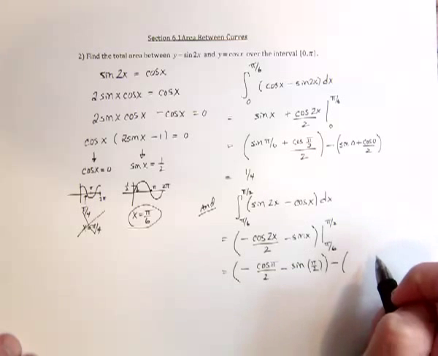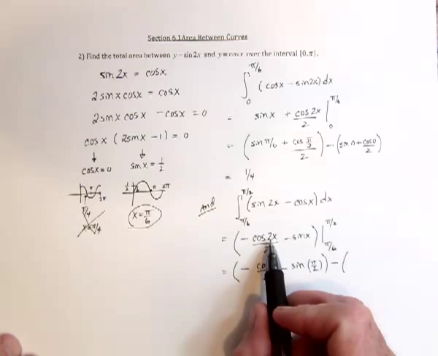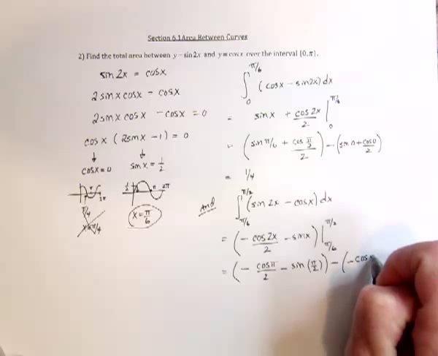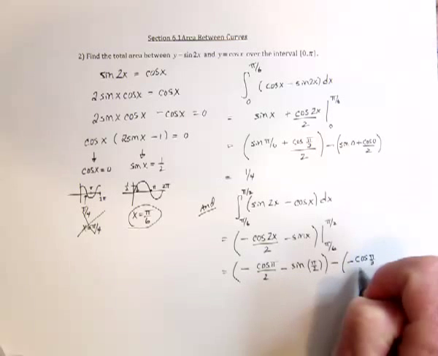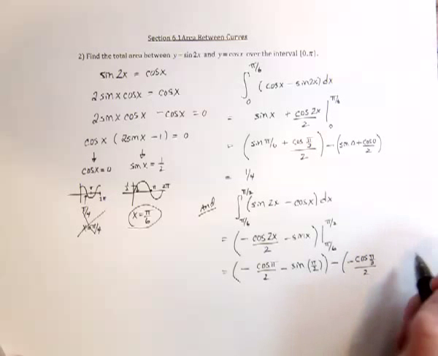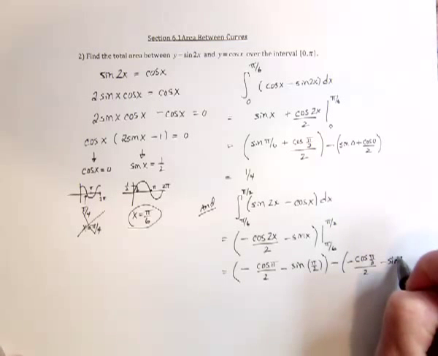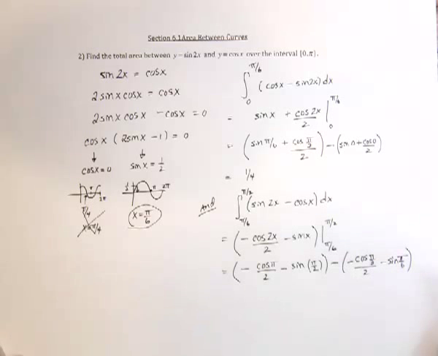And now substitute the pi over 6. So with a pi over 6 in here and a 2, it becomes pi over 3. And then divided by 2. And then minus sine of pi over 6. That's a lot of parentheses.